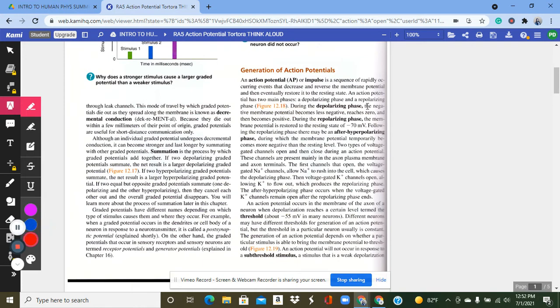Okay, so right off the bat, I already know what an action potential or an impulse is, as well as what the depolarizing phase and the repolarizing phase are, because, if you didn't know, I've mentioned in my previous videos that I took AP Psychology during my junior year in high school, and there was a biological unit where we talked about neuroscience.